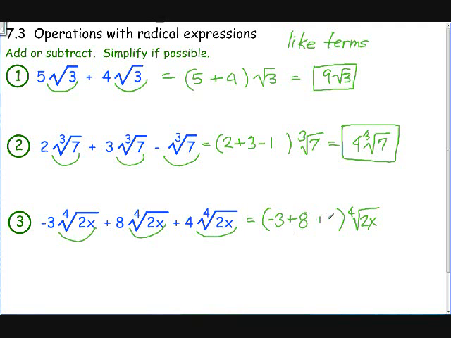And then we add 4. So we've got a negative 3 and a positive 12. We put those together and we get, let me put it down here. What do we get? 9 4th roots of 2x. I'm sure you will do much better in yours than I am doing in mine. I'm kind of sloppy with this electronic pen.